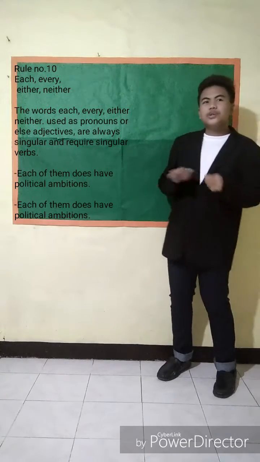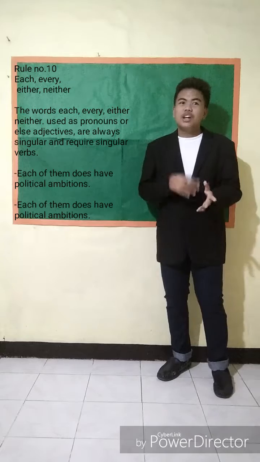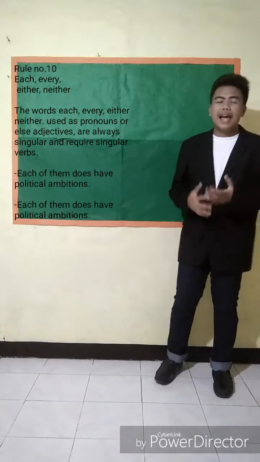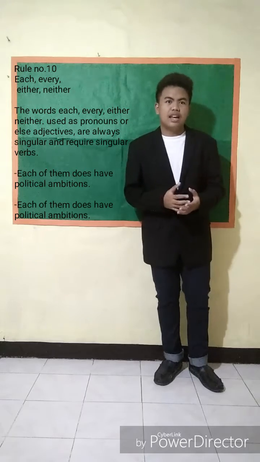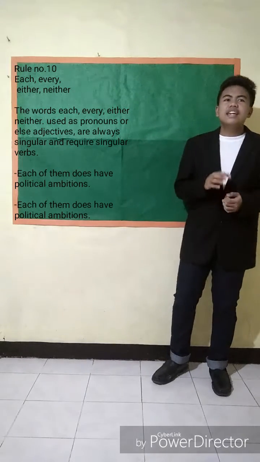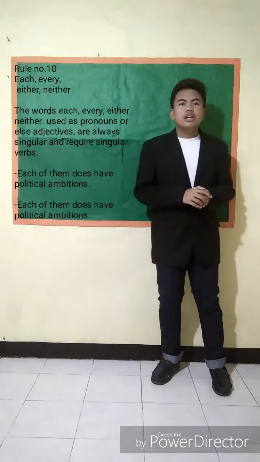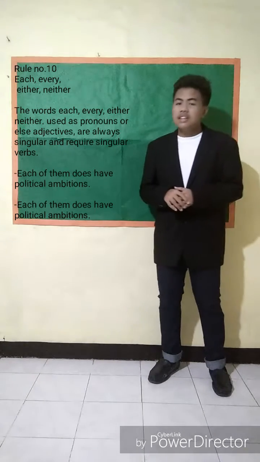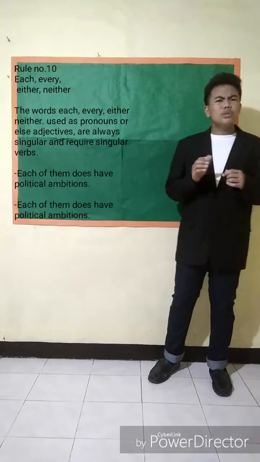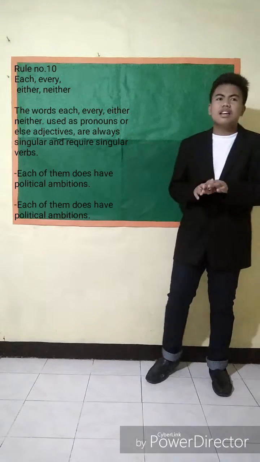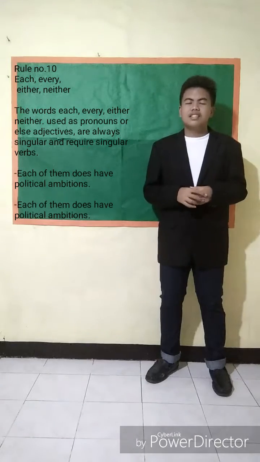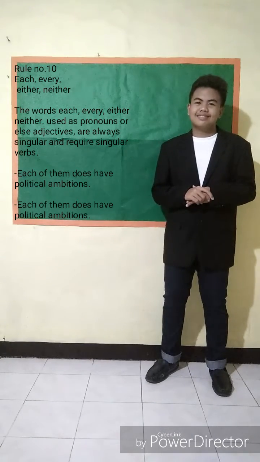Here each is used as a pronoun. Another example: each employee is responsible for cleaning his desk in the evening. Here each is used as an adjective. That's rule number 10.